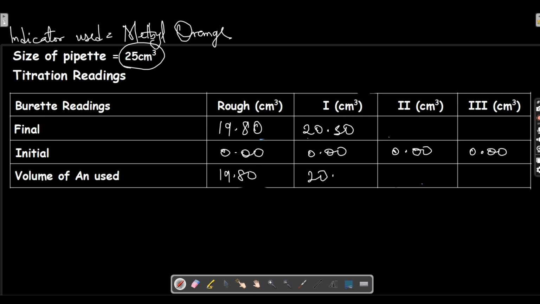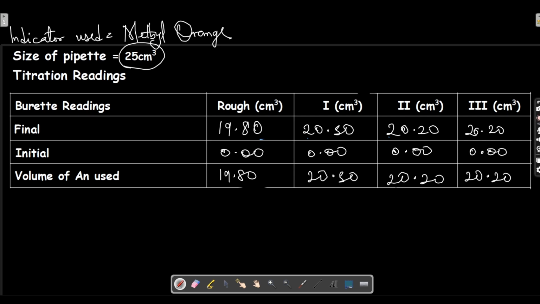Here we have 20.30, and when I conducted it again, I have 20.20. Here we have 20.20 also, but it's proper you conduct this titration thrice or 4 times to have concordant values.